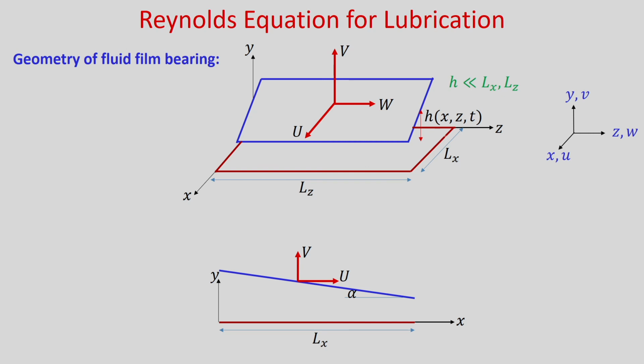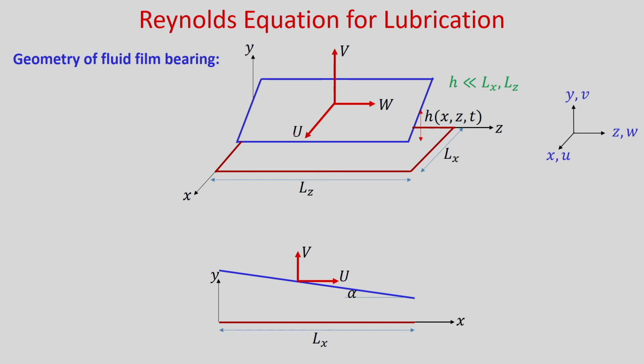So, you can see that this bottom surface is stationary and we have this upper surface which is inclined and we have the relative motion as u, v, w in x, y and z direction respectively.